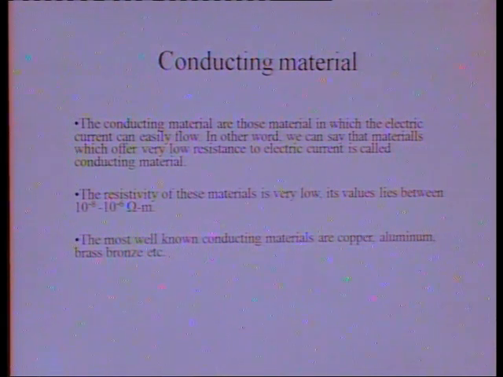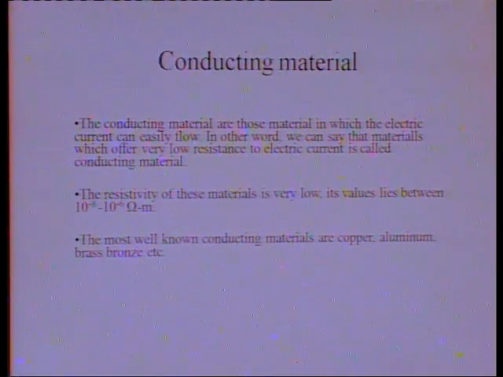Conducting materials are those materials in which the electric current can easily flow. In other words, we can say that material which offer very low resistance to electric current is called conducting material. Student, conducting material are those material which can conduct the electric current easily.